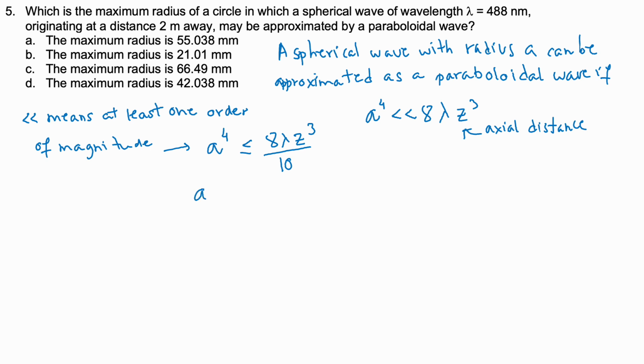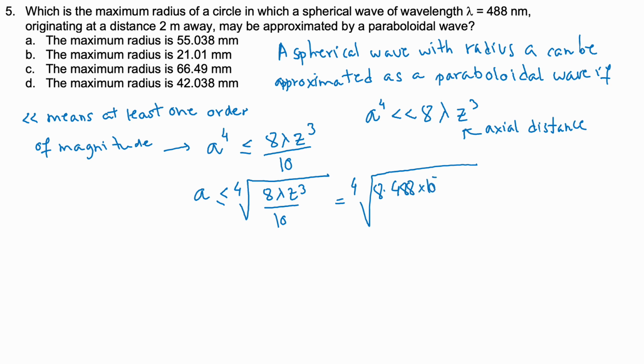So the radius is smaller or equal to the 4th root of 8 lambda z cubed over 10. Now we put in all the values that we already have. The wavelength is blue color, 488 nanometers. We put everything in meters.